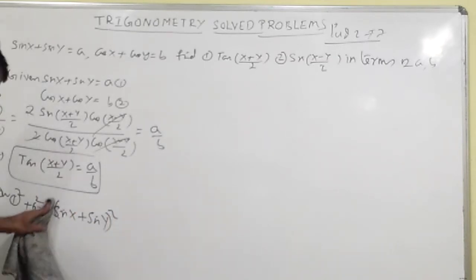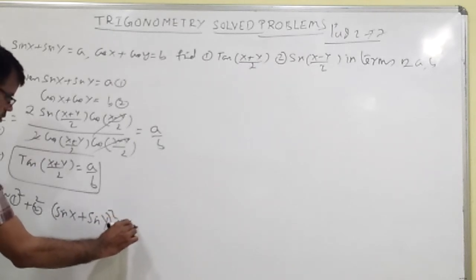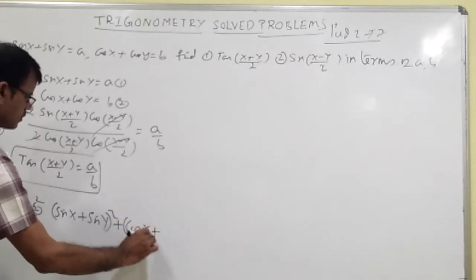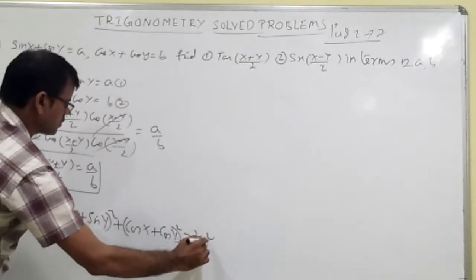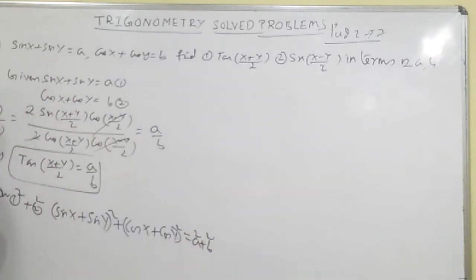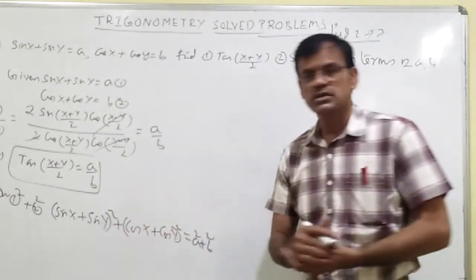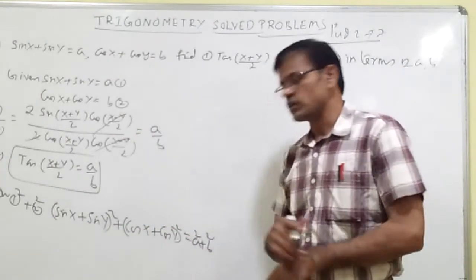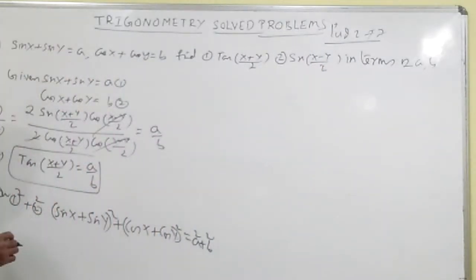Now (sin x plus sin y) whole square plus (cos x plus cos y) whole square is equal to a square plus b square, squaring both sides of 1 and 2 and adding. Now you can understand this one as (a plus b) whole square formula, and apply the formula a square plus b square plus 2ab.